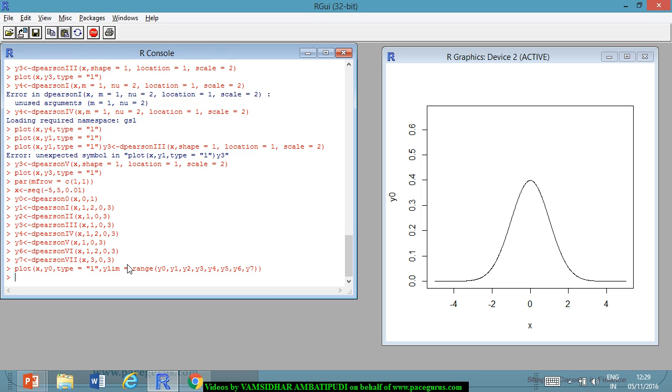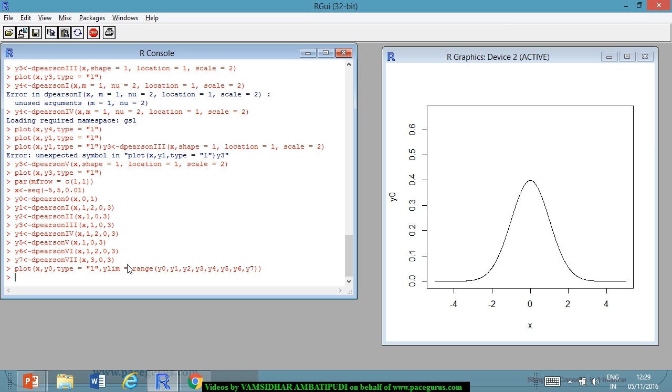Okay, so this is how my y0 is plotted, right? This is how the y0 is plotted. Now I can very well take the y1, y2, so on.